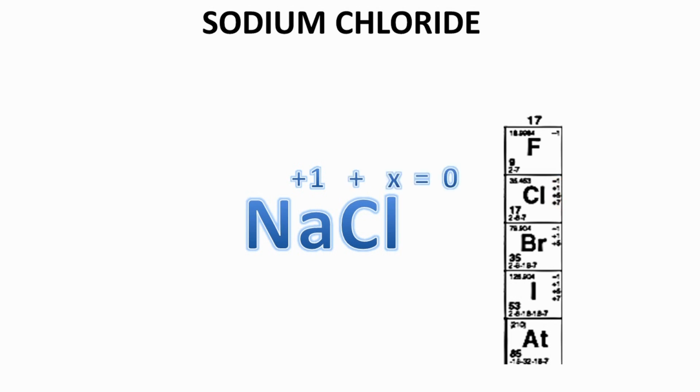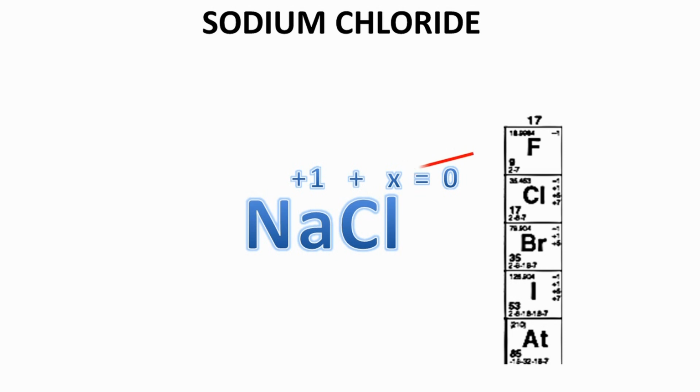To figure out which one to use for chlorine in this compound, remember that for a stable compound, the oxidation numbers must cancel out. In this case, X will represent the oxidation state of chlorine.